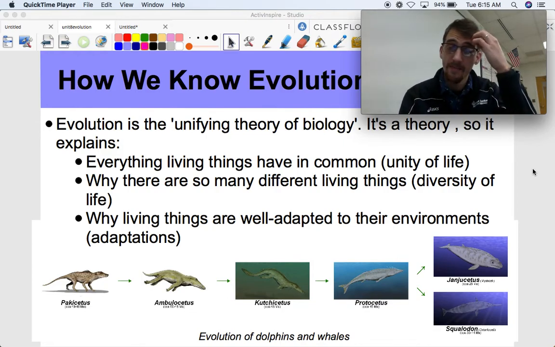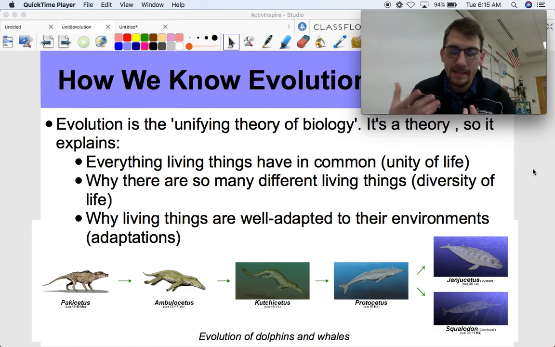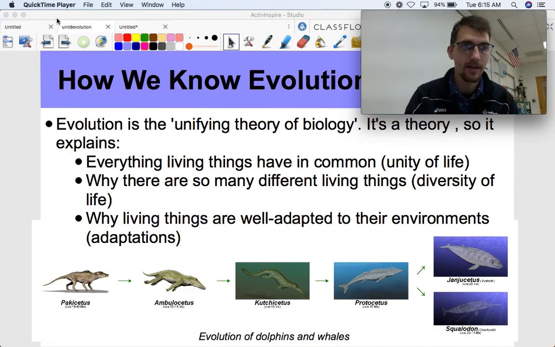If you've ever wondered how a stick insect is able to look exactly like a stick, or why a polar bear has white fur and is so good at holding its breath and staying insulated in its cold environment, evolution explains that. It also explains why there are so many different living things. Why isn't there just one type of living thing? Evolution will explain all of that.